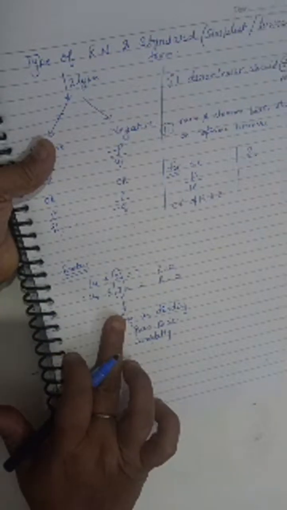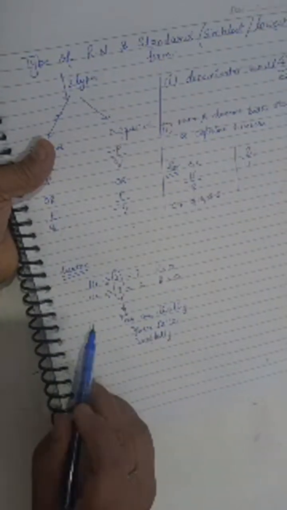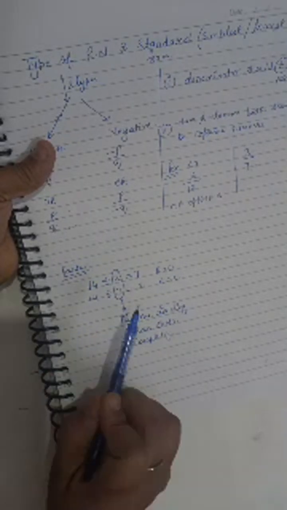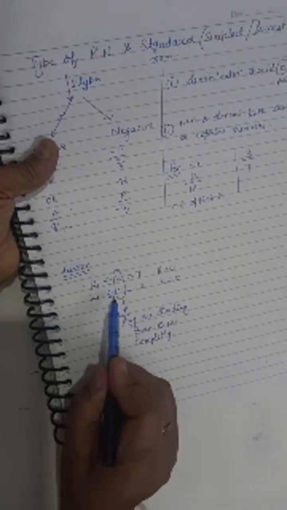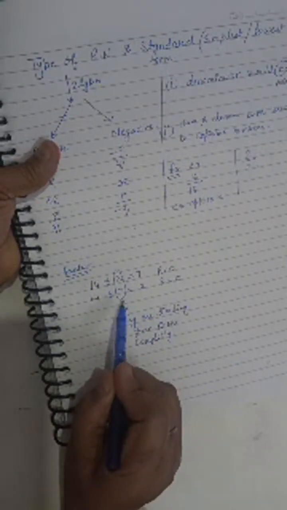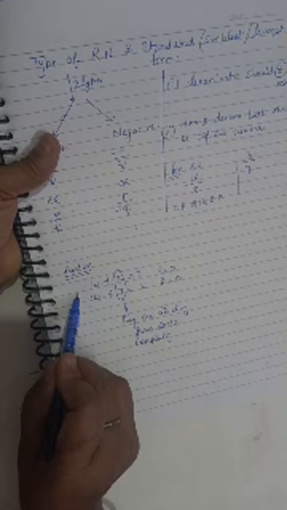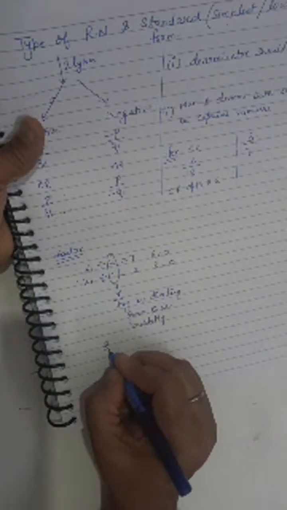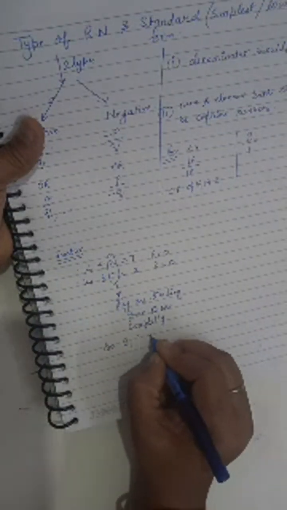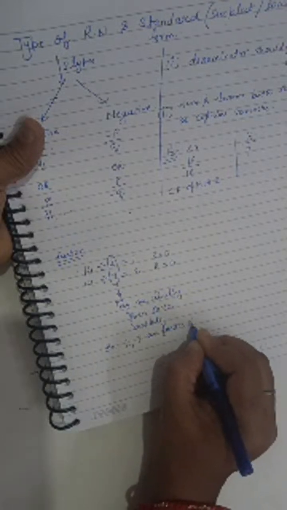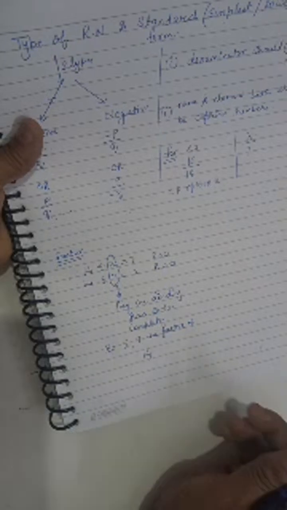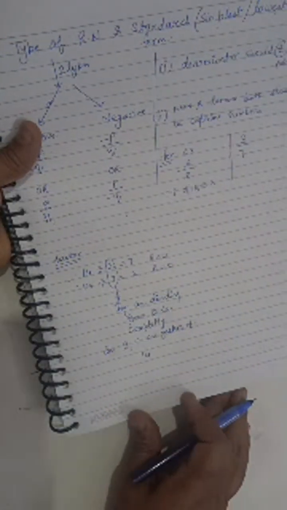So 2 and 7 are dividing 14 completely without leaving any remainder. So 2 and 7 will be known as the factors of 14. Did this make sense? Is the definition of factor clear?